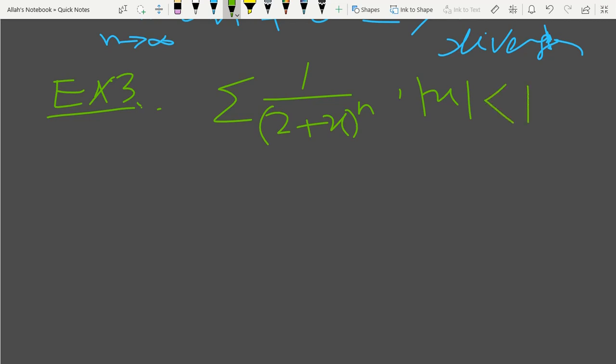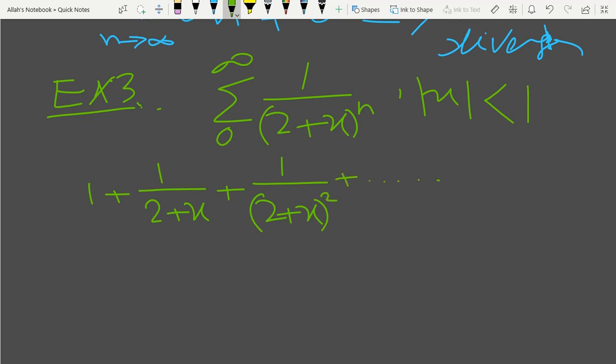If I expand this series, it will be of the form, for n equal to 0 to infinity, 1 plus 1 over 2 plus x plus 1 over 2 plus x square, and so on.